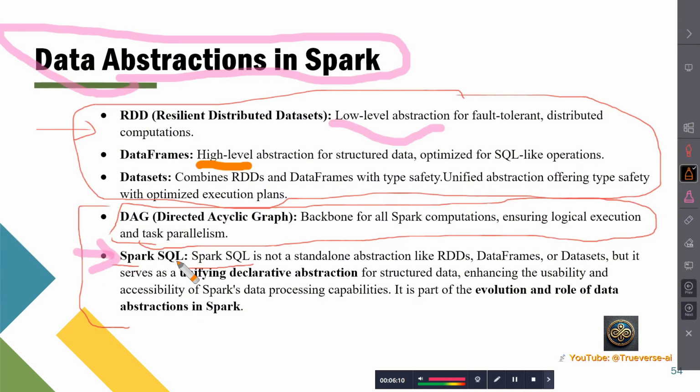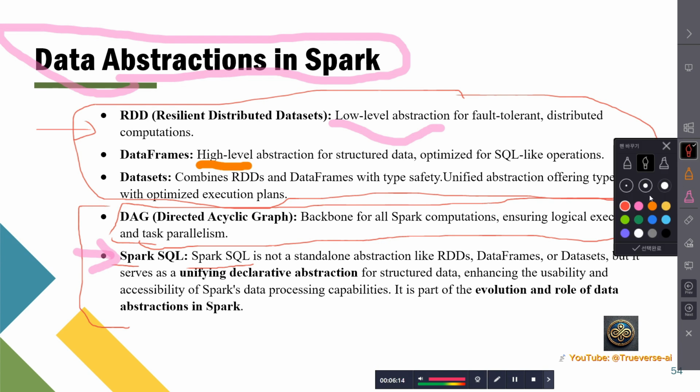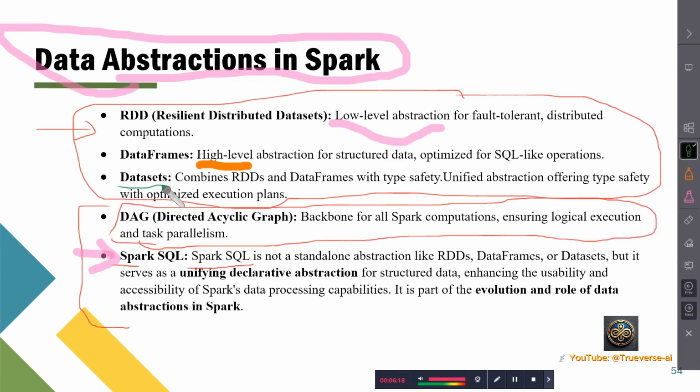Later on, Spark SQL also came to the market. And data set has the advantages of RDD and data frame combined. Each one has pros and cons, right? So to keep both advantages, they were combined together. This is considered a unified abstraction offering types, which is good for optimized execution plans.